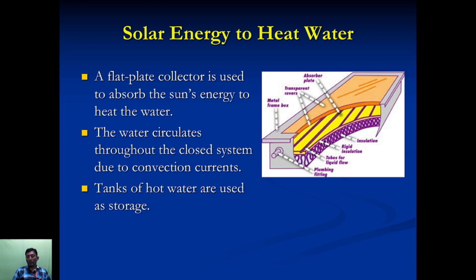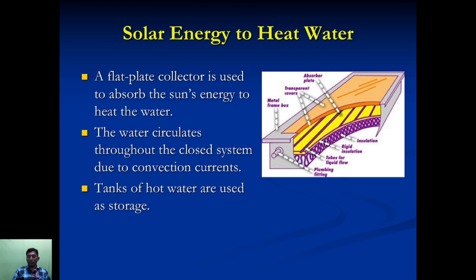From one side we apply the cold liquid, and the heat energy from the sun is applied on the liquid inside the tubes, and the liquid gets heated, and we can get that thermal energy as an output.